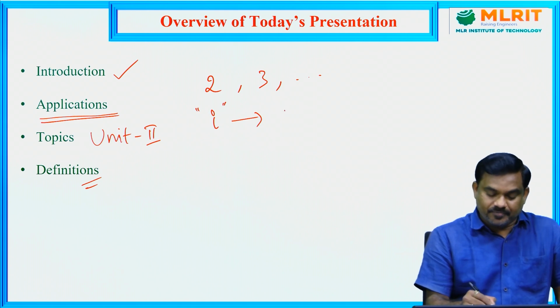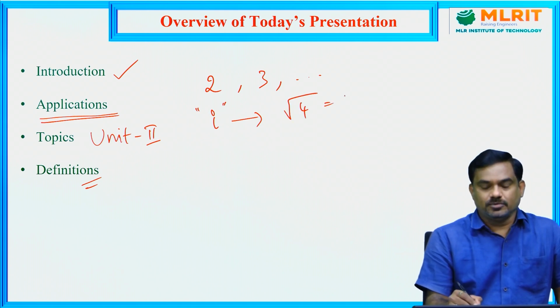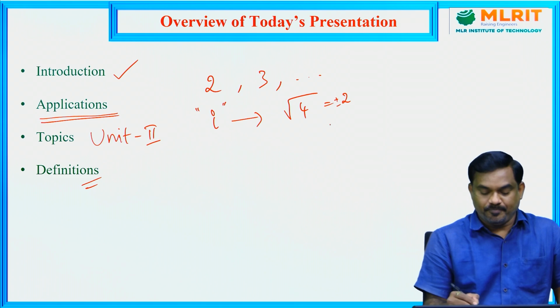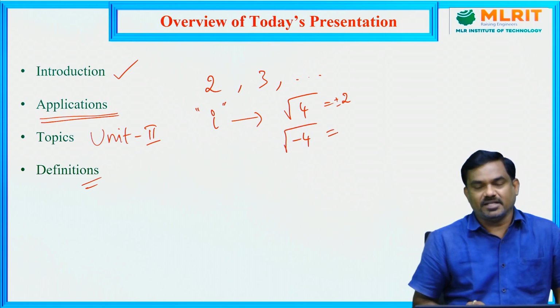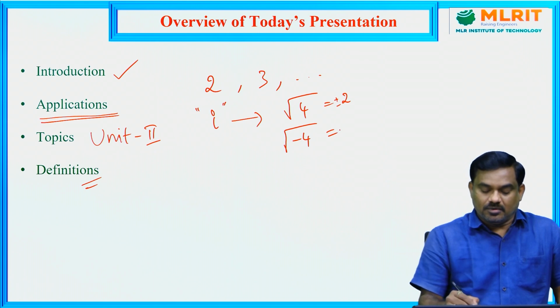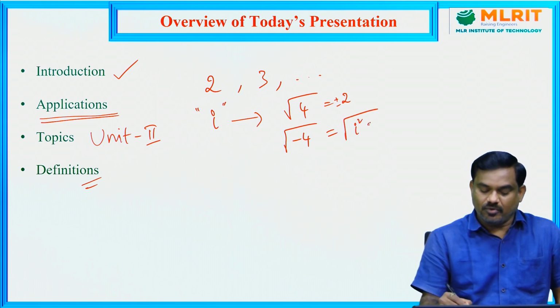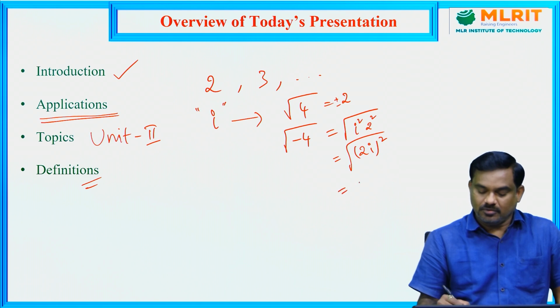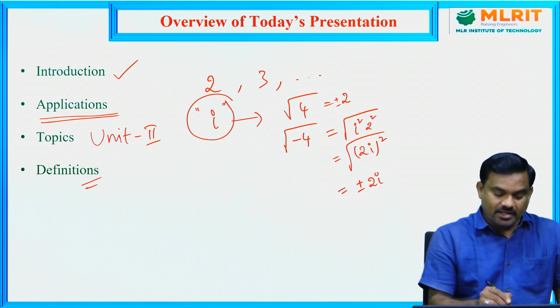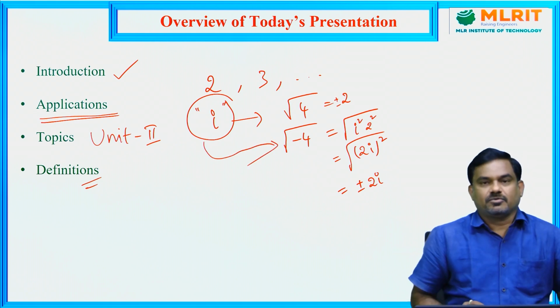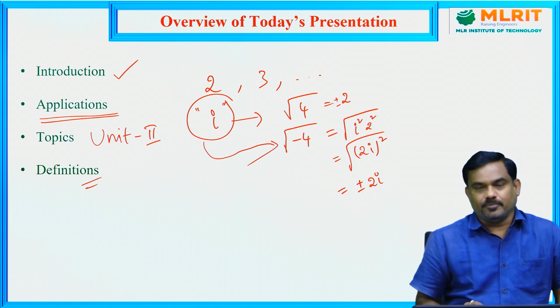For example, we know that root 4 is plus or minus 2, whereas to find root of minus 4, we write minus 1 as i square and 4 as 2 square, which is the square root of (2i) whole square, which is plus or minus 2i. So we introduce this i in the case of the square root of a negative value.